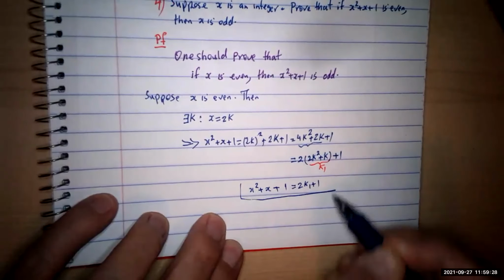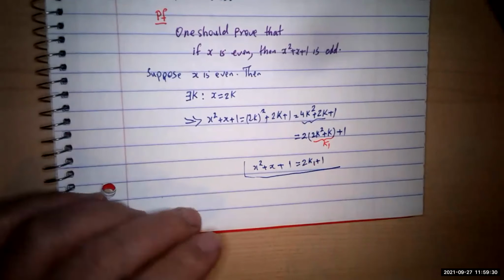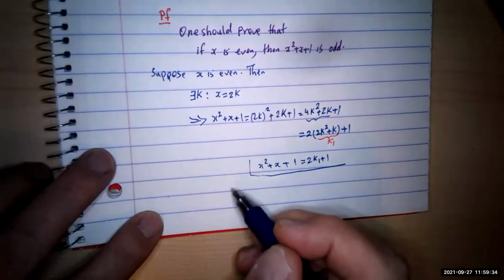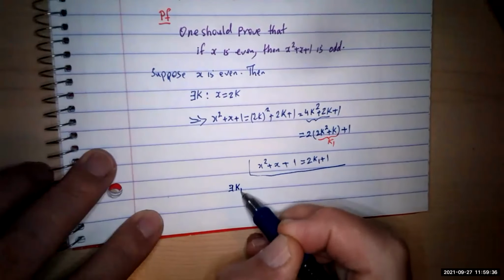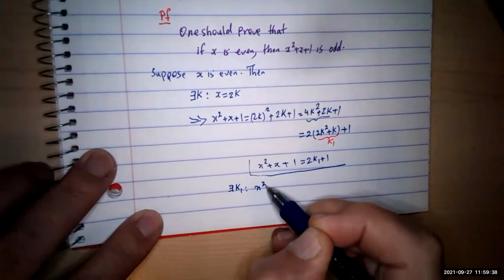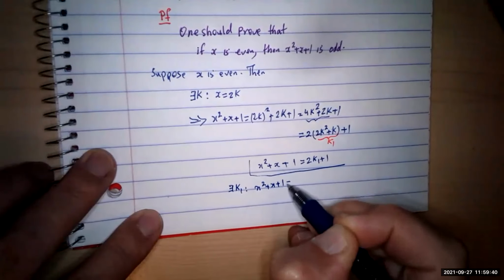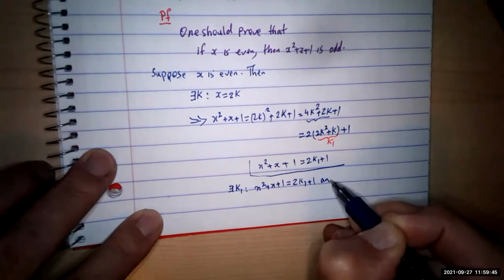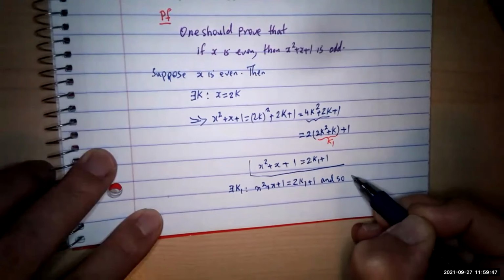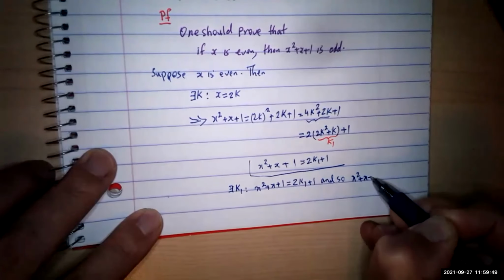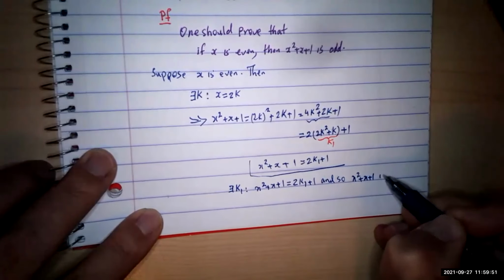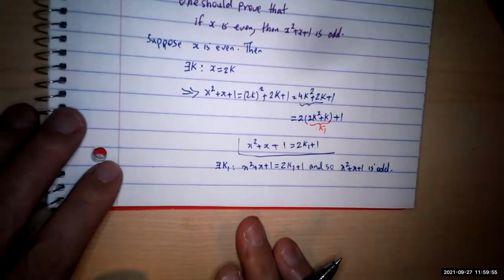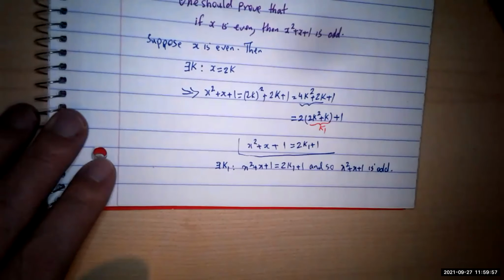So this basically means I find a k1 such that x squared plus x plus 1 is 2k1 plus 1, and so x squared plus x plus 1 is odd. Okay, and this is what we were looking for.